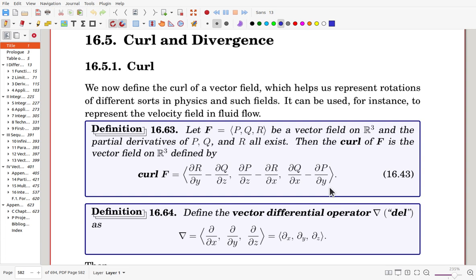Let's consider an operator called del. It is a vector differential operator, a collection of partial derivatives. Del is the x derivative, y derivative, z derivative.